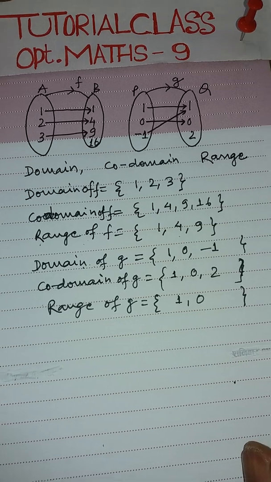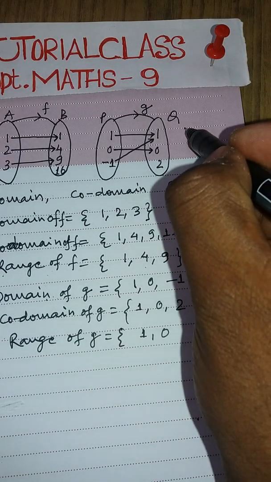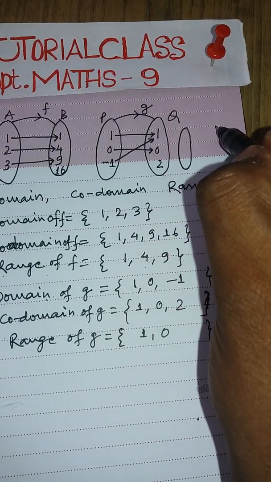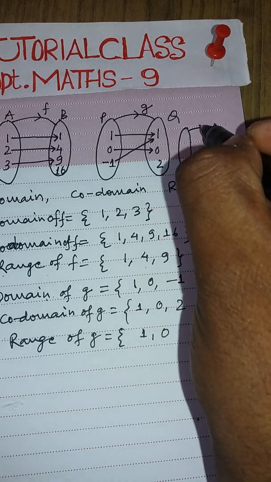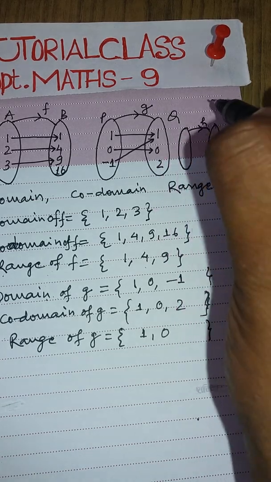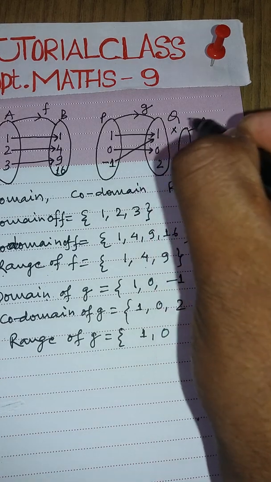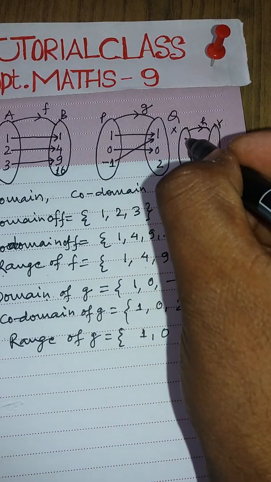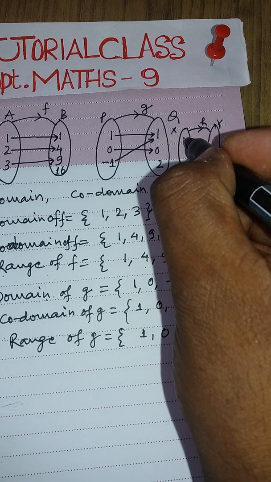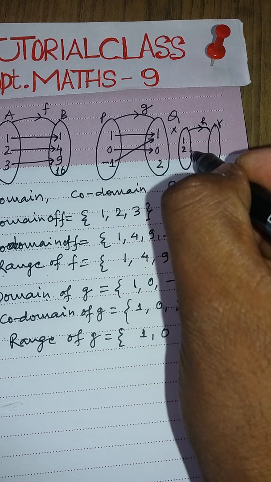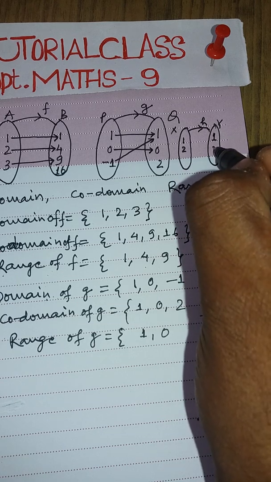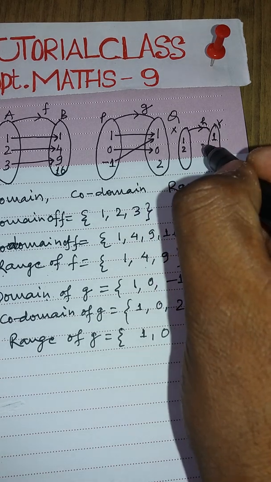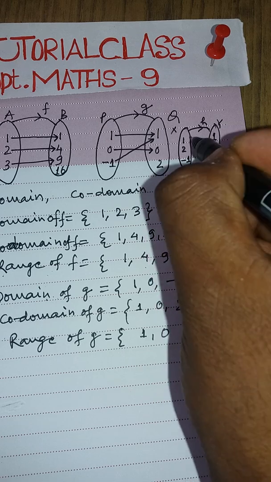Sometimes what happens, see the third one also, this is third and denoted by H. We write here X, Y. We can write here, this is 1, 2, here 1, 4 and here minus 1.